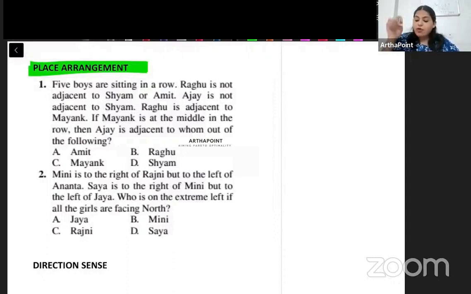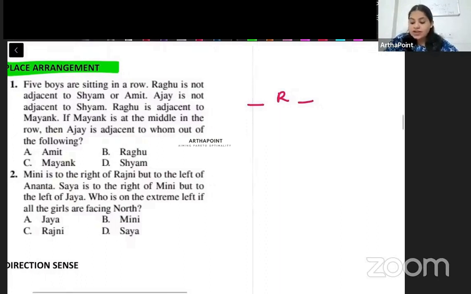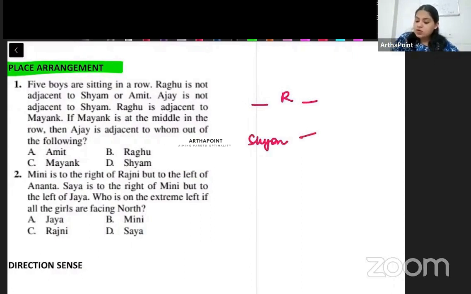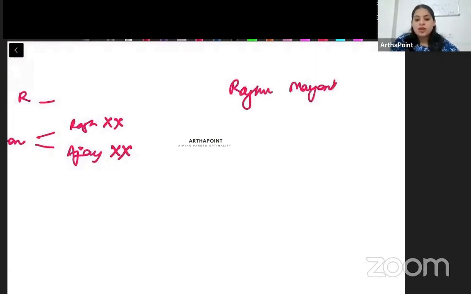So it says 5 boys are sitting in a row. Raghu is not adjacent to Shyam or Amit. Not adjacent. So wherever Raghu is sitting, Shyam and Amit are not around him. Ajay is not adjacent to Shyam. Ajay is not sitting close to Shyam. Raghu is adjacent to Mayank. So Mayank is sitting by Raghu's side.